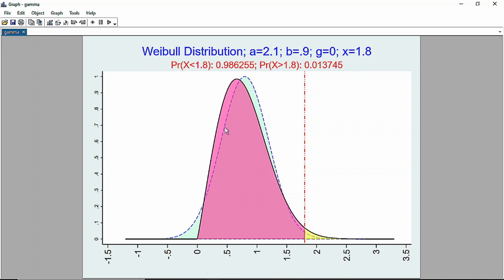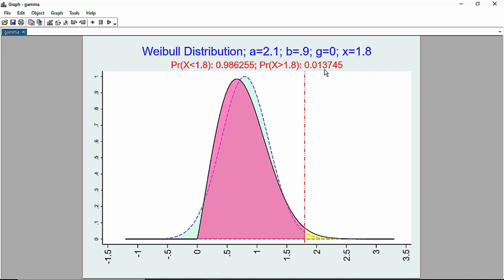So for the left tail test, it covers 99% of the area of this Weibull distribution. That is why we fail to reject the null either for the significance level of 5% or 1%, and we conclude that the value of x is 1.8. But for the right tail test, the probability is nearly 2%, the p-value is 2%.